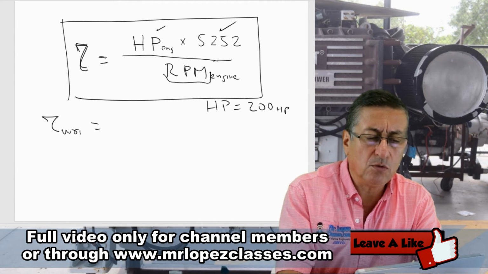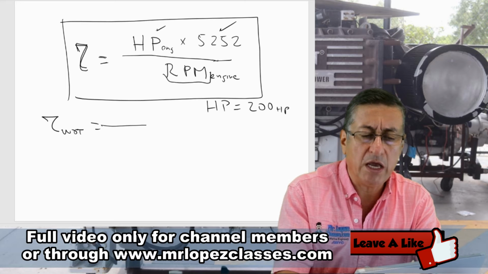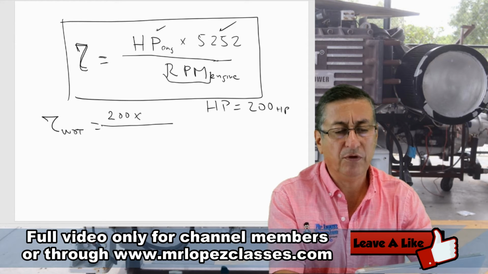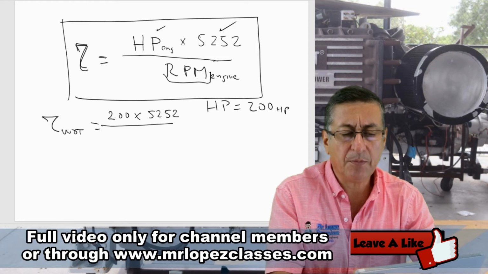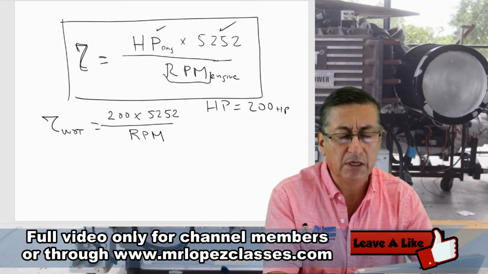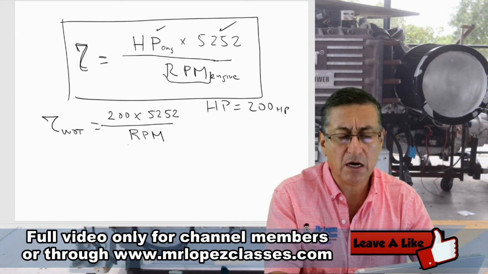Okay, we are going to calculate the torque at wide open throttle. It is 200 times 5252 and divided by the RPMs at wide open throttle. How much are the maximum RPMs? The maximum RPMs are, for example, 2200.